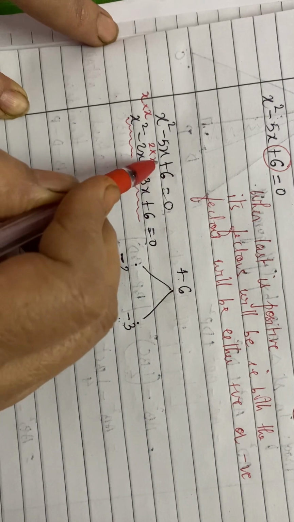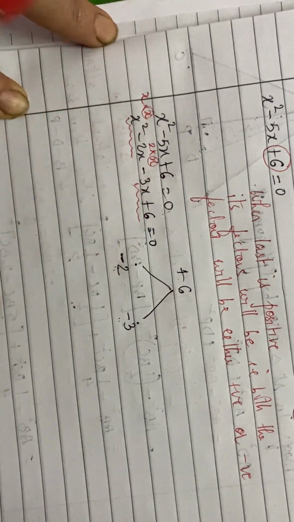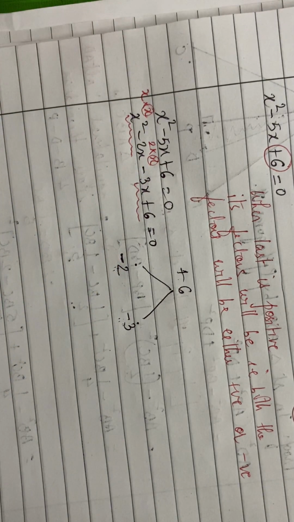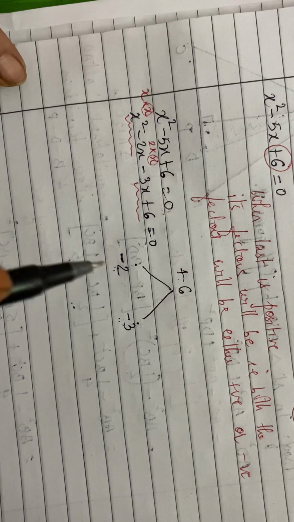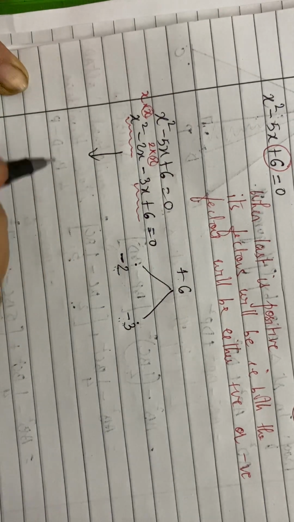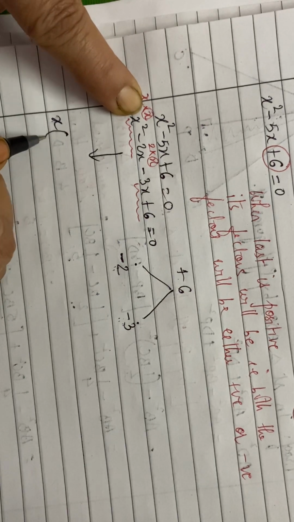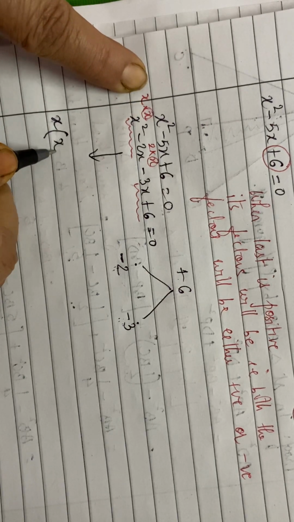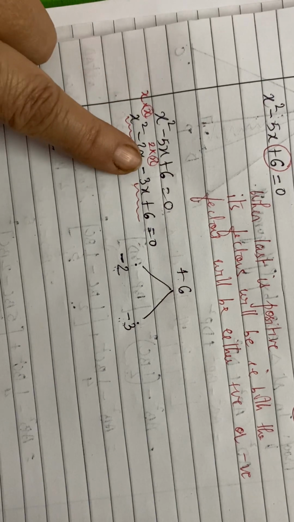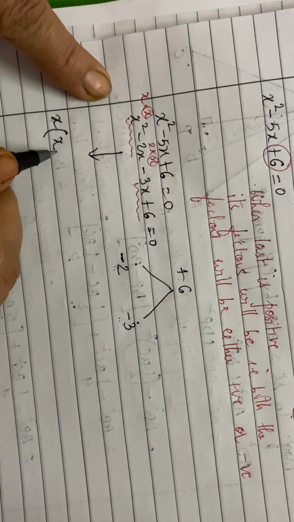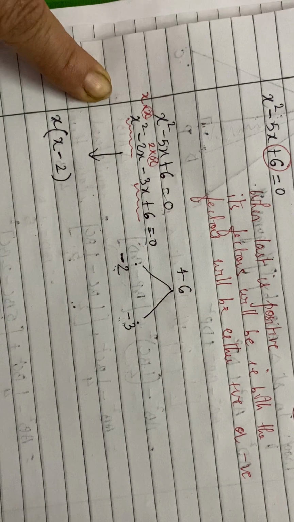So what is common in these two terms? x is common. I am taking out x common from here, so what is left is x. I am taking out x common from here, so what is left is minus 2.